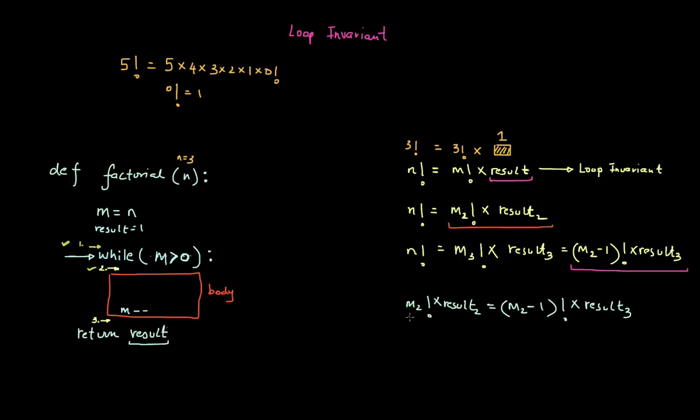I can say at this point that whatever this m2 factorial is nothing but m2 times m2 minus 1 factorial. I'm just going to rewrite the first piece here: m2 minus 1 factorial times m subscript 2 times result subscript 2 equals, whatever is on the right hand side, which is this piece over here, m subscript 2 minus 1 factorial times result subscript 3.